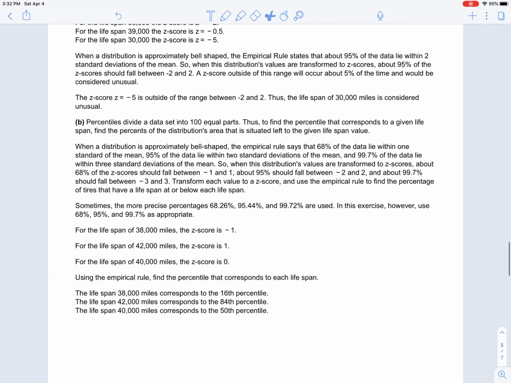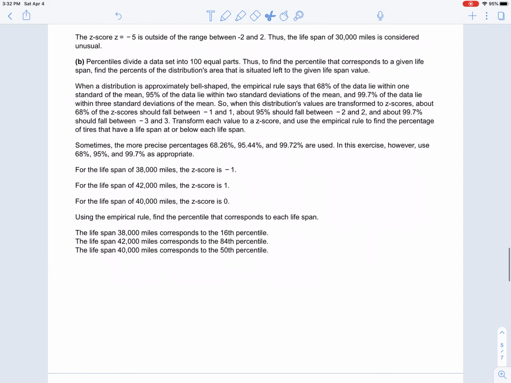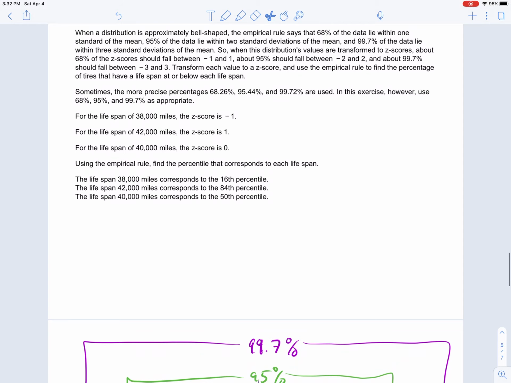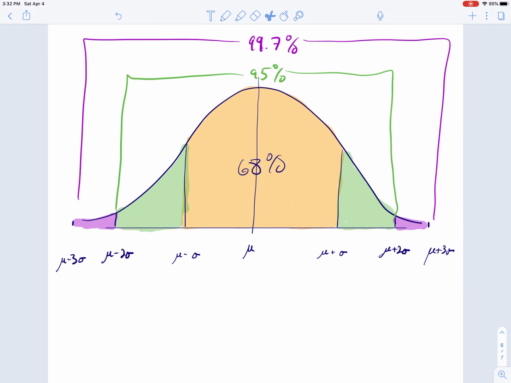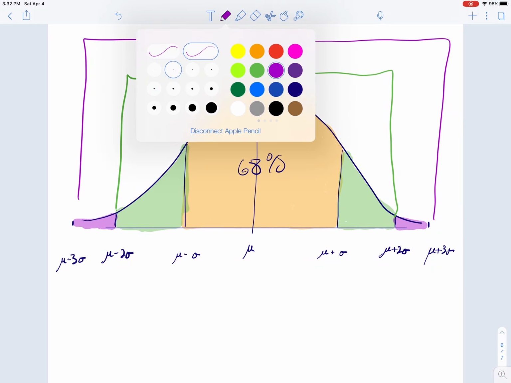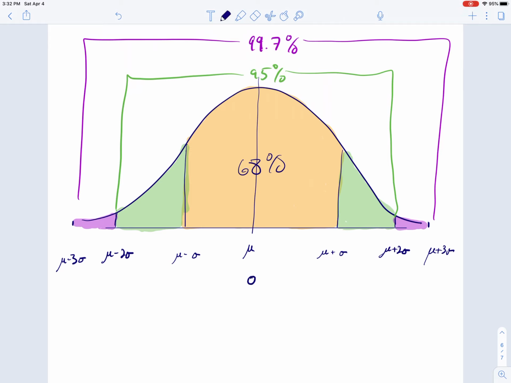So it says find the percents of the distribution of the area that is situated to the left of each given value. So for a lifespan of 38,000, the z-score was -1, right? When we put these into terms of z-score, this is going to have a z-score of 0. This is going to have a z-score of -1, right?